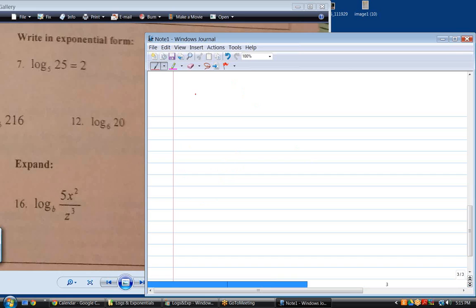So now let's go the reverse. Here we have the log expression, and I want you to give me the exponential form.